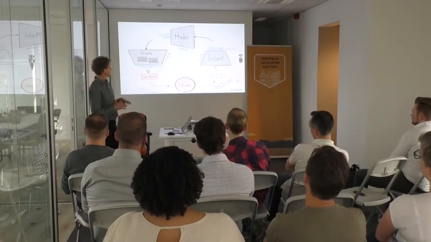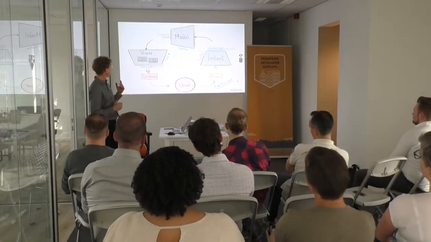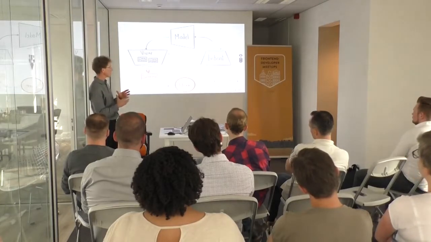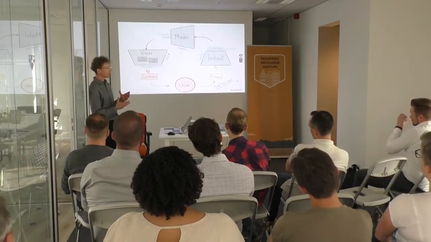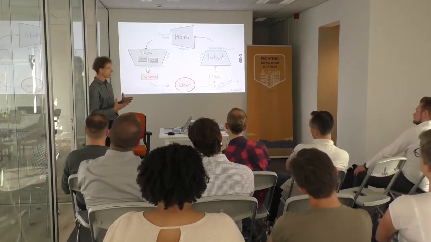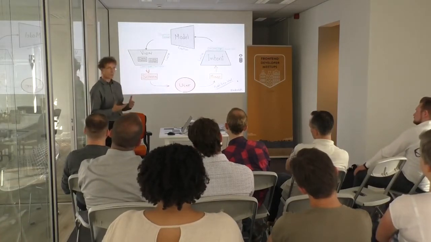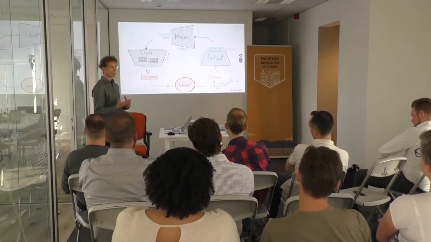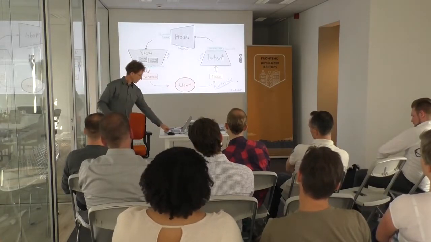So this is a picture of how you can think of it. The model, there's only one way that a model is transformed into something visible, and the user interacts with this, and it's turned into intents or actions or messages, which result in a new state, a new model.